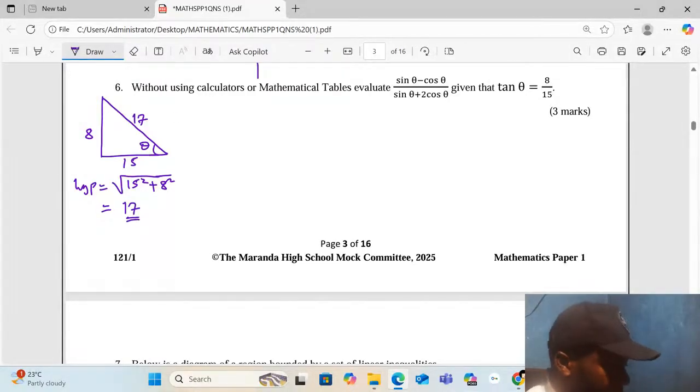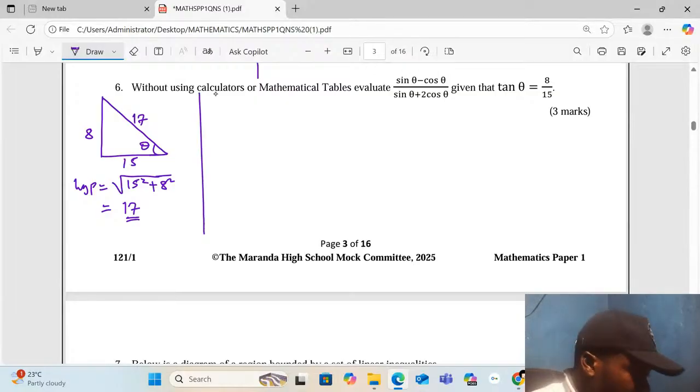Then we know that, using our trigonometric ratios, we don't have to forget this, sine theta is opposite over hypotenuse, which is 8 over 17.